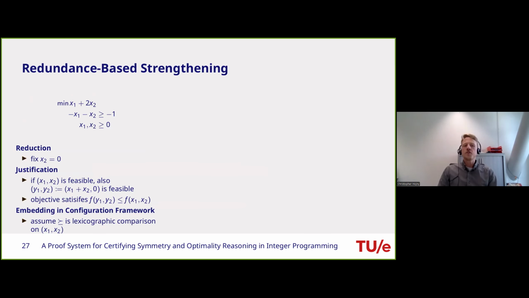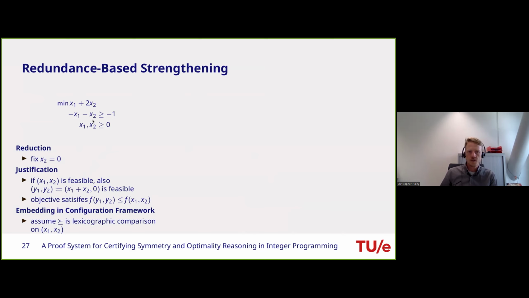And making use of this pre-order then allows to indeed prove the reductions that I've shown before, this dominated column presolving and symmetry reductions. So for instance, here we have again a situation where we can fix variable x2 to 0 because we can just shift the contribution of x2 in the solution to the first coordinate.